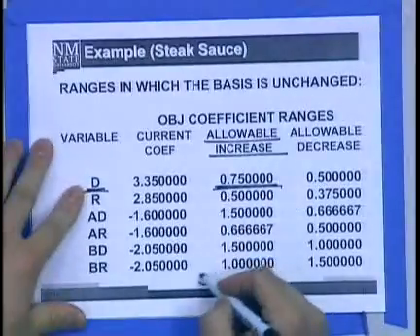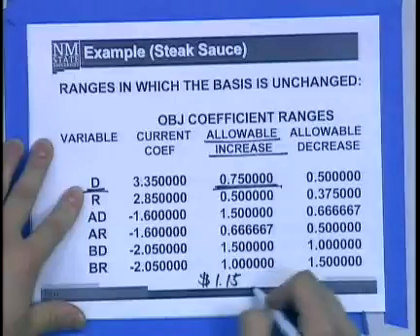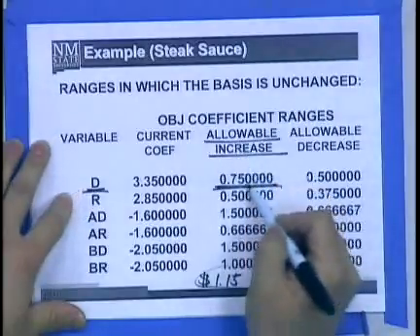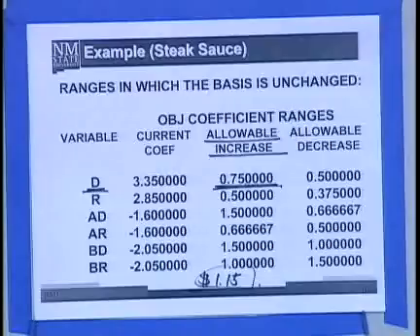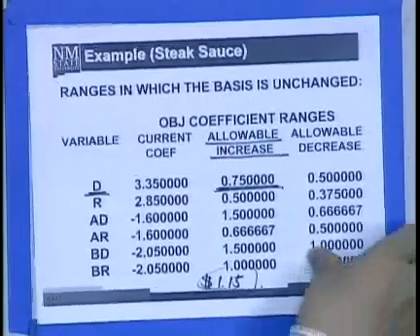So $1.15 exceeds this allowable increase range, which means the current optimal basis will change, because it will give you more unit profit than before. So the answer is the number of quarts of Diablo to be produced would increase, of course, in the absence of degeneracy.